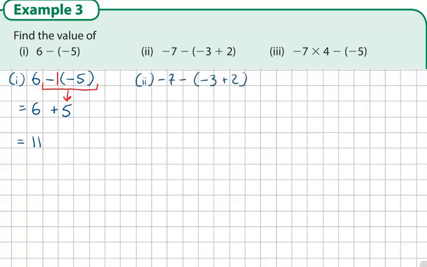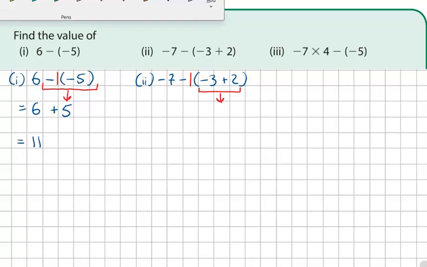So for part 2, again, I'm going to draw in the invisible 1. So we have minus 7 minus 1 multiplied by minus 3 plus 2. So we have to follow BIRDMAS again. So we have to do what's inside the brackets first. So minus 3 plus 2 is going to be minus 1.